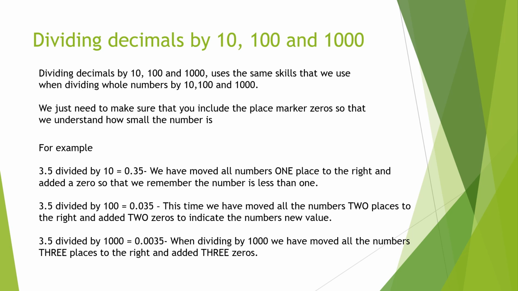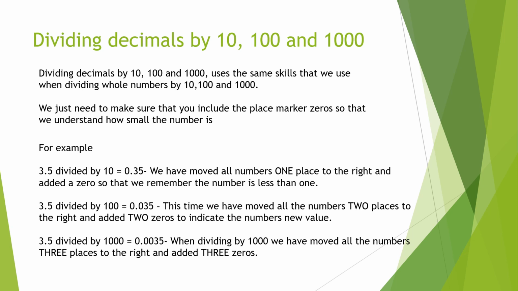So we then need to make sure that we've got the 0 before the decimal place and a 0 place marking the tenths column so that we understand that we haven't got any tenths. We've now got 3 in the hundredths and 5 in the thousandths column.